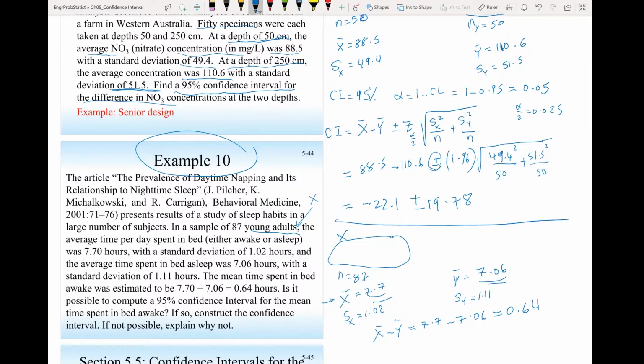And because there is dependency between both cases, we cannot assume x and y are independent random variables, and the variance of x minus y will be the same as the variance of x plus the variance of y only if x and y are independent. So we cannot assume they are independent, so we cannot use this, and we cannot find the confidence interval with a specified confidence level using the method we learned.